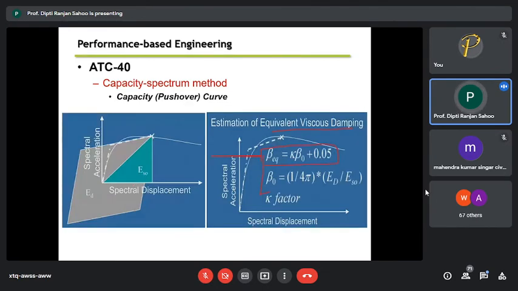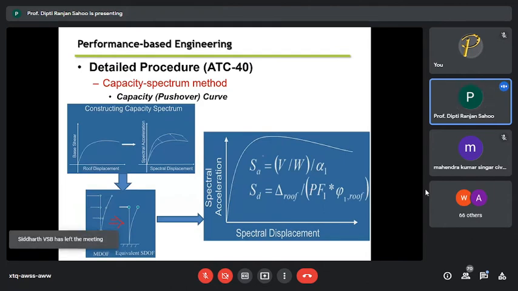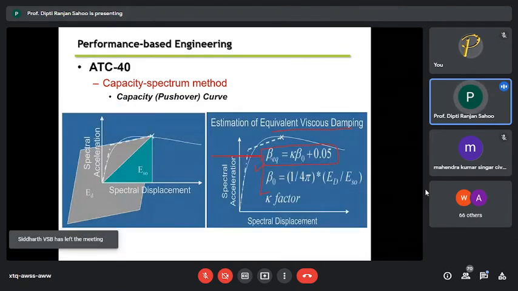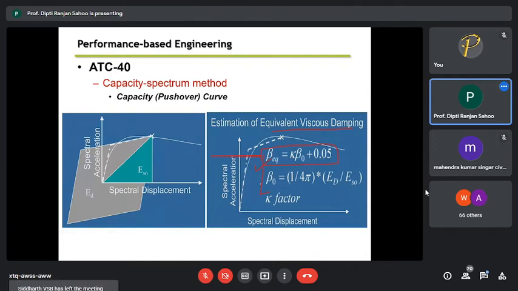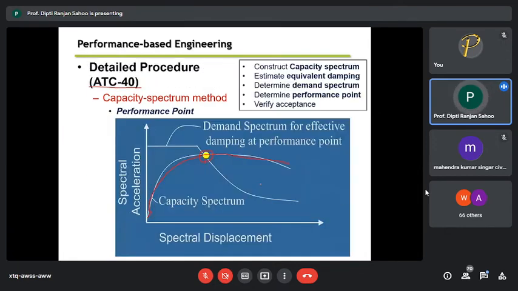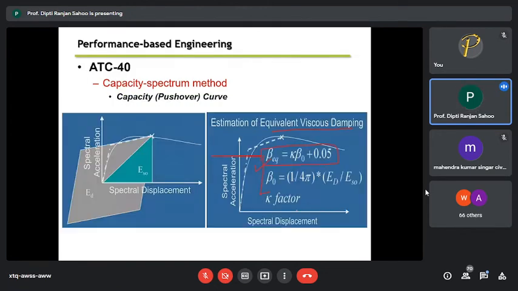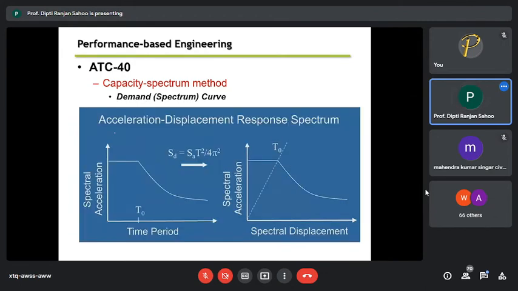Why is it necessary? Because the hazard curve, the response spectrum curve, is a function of damping, 5% damping, 10% damping. That's why from this you need to estimate the equivalent damping parameter, because when you superimpose, the curve should be consistent with this damping parameter, not 5% damping.